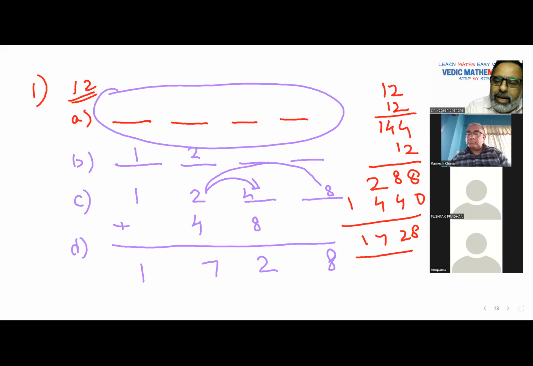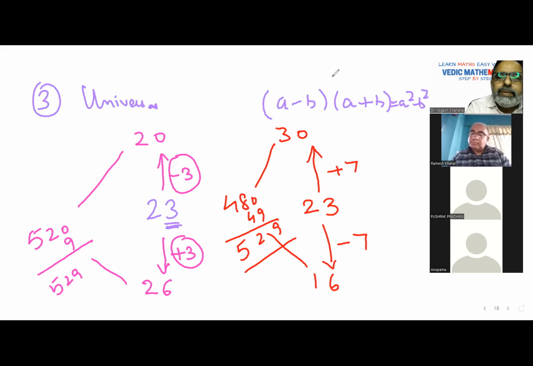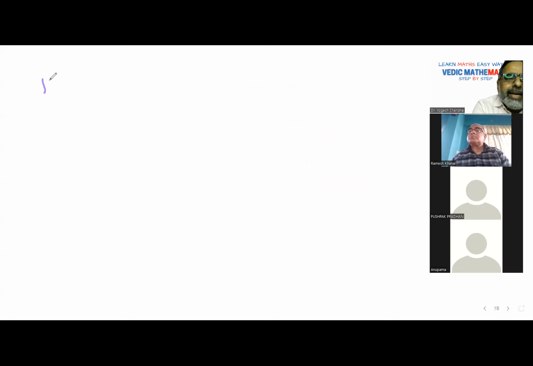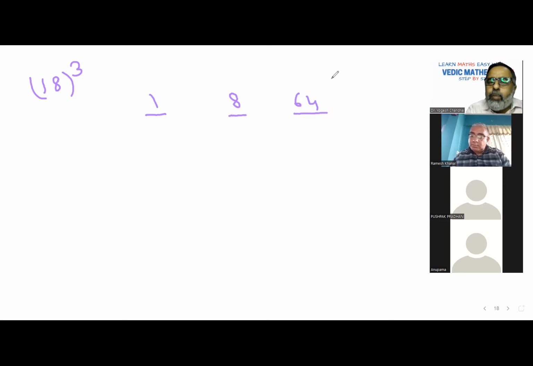Okay, well, I'll tell you. Now, let's take another example, 18 cube. I'll not write all steps. First one, any doubt? I'll just start from the fourth step itself. What is the square of 8? 64. What is the cube of 8? 512.